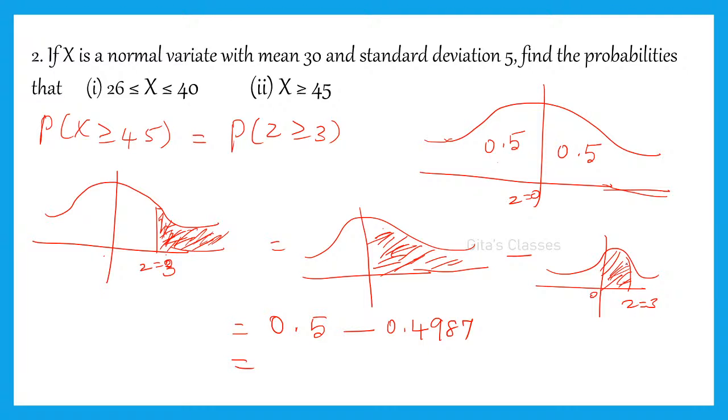Always remember, whenever you are making use of the table, see to it that you are expressing the area in terms of 0 to z. You have to be so careful. So 0.0013 is the answer. Understood, all of you?